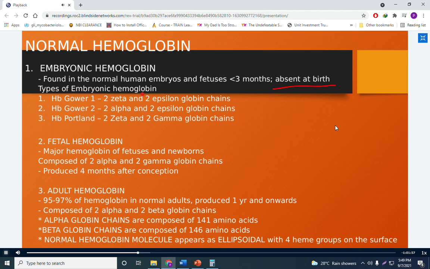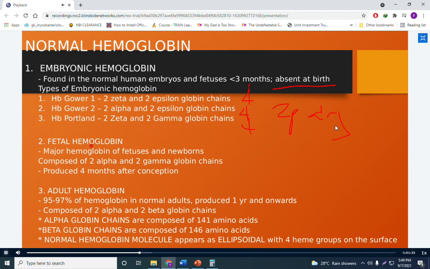Gower 1 has 2 zeta and 2 epsilon globin chains. Gower 2 has 2 alpha and 2 epsilon globin chains, while Portland has 2 zeta and 2 gamma globin chains. You noticed, class, it's always 4 chains, and always 2 pairs.